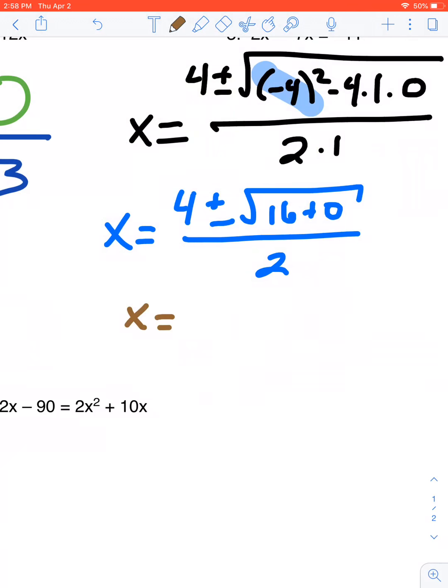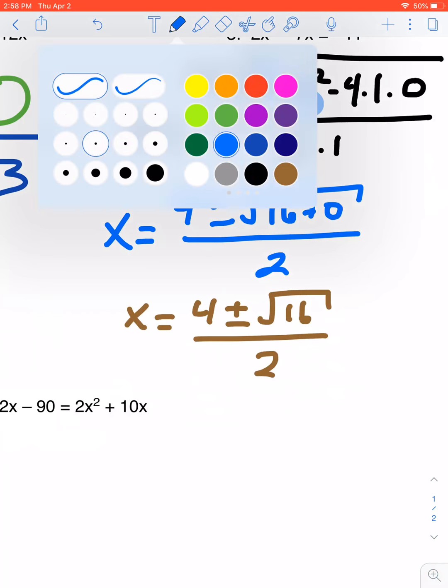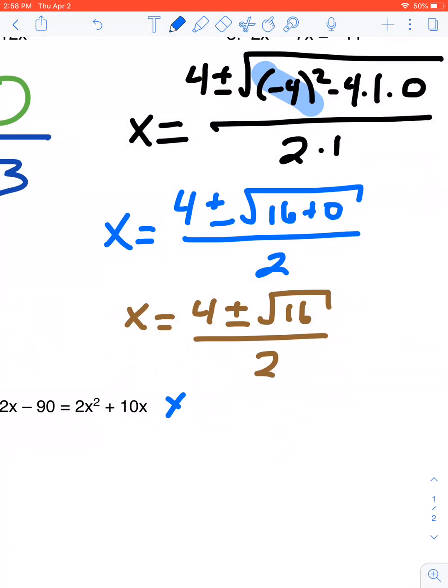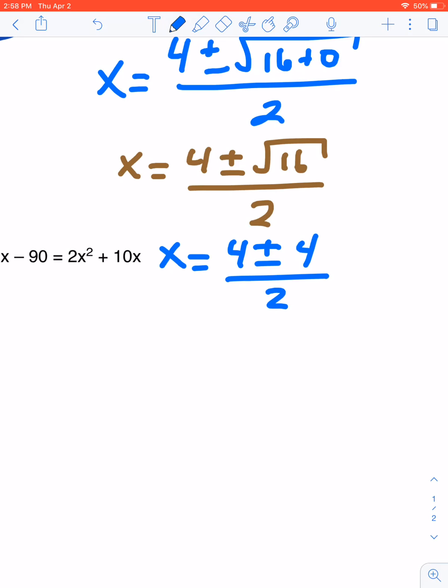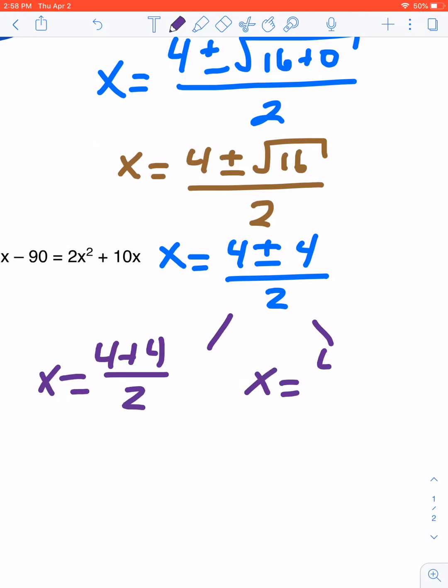So I get x equals 4 plus or minus the square root of 16 all over 2. We all know that the square root of 16 is the same thing as 4. So I get x equals 4 plus or minus 4 over 2. And then I'm going to simplify this down into 2 separate problems. So I get x equals 4 plus 4 over 2, and x equals 4 minus 4 over 2.